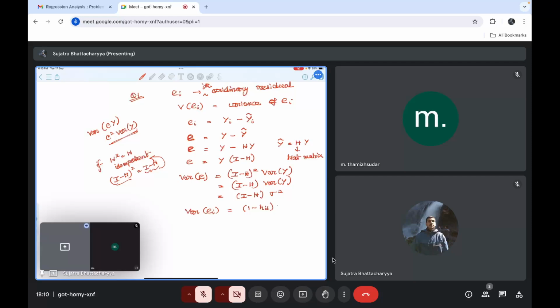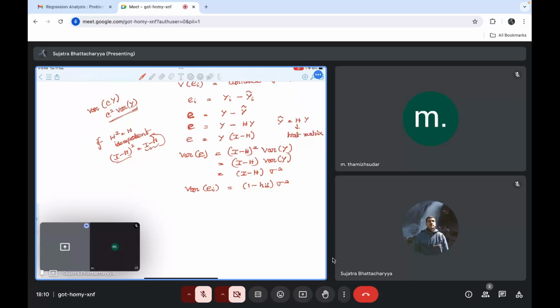Why not IJ? Because IJ corresponds to the covariance; for the variance it is only the diagonal elements. We have seen that. So this times sigma square. Therefore, the variance of the ith residual should be this. This should be the answer. So, writing it again, the variance of EI is nothing but sigma square times 1 minus HII.